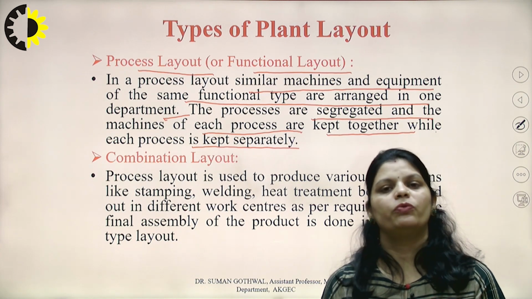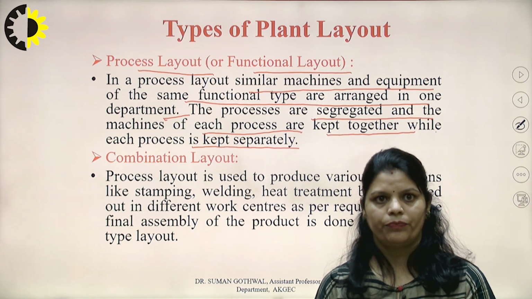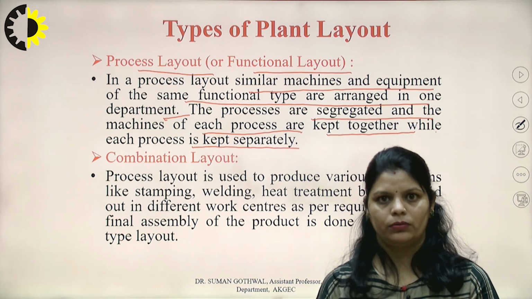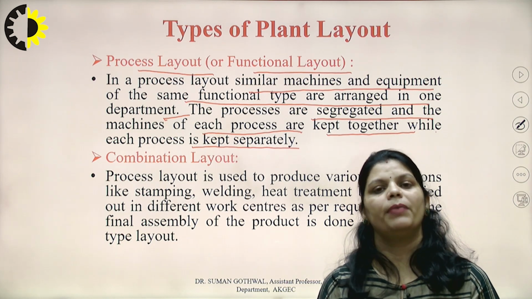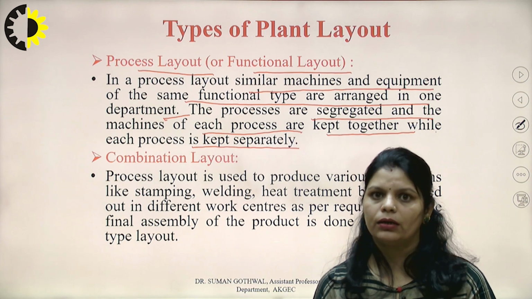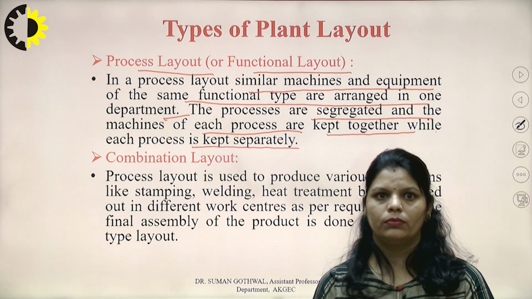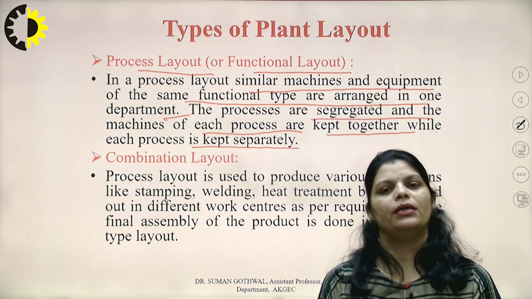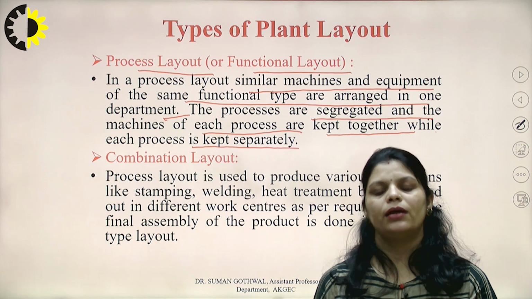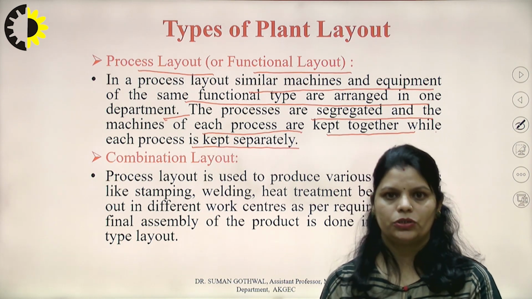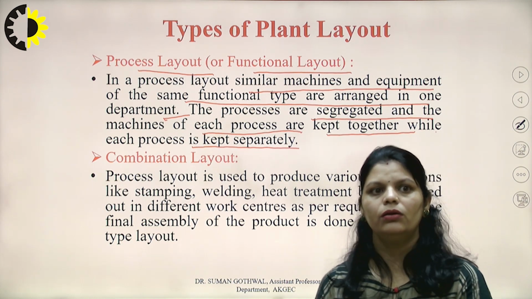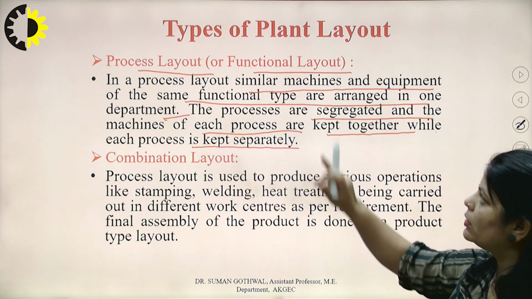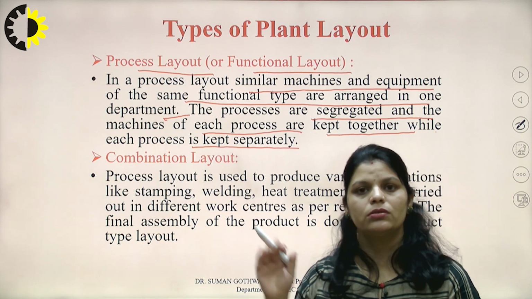It also provides flexibility in terms of equipment as well as manpower, and better utilization of equipment is possible. And if one machine breaks down, it can be easily handled by transferring the work to another machine or workstation. So we get these benefits in case of the process layout.